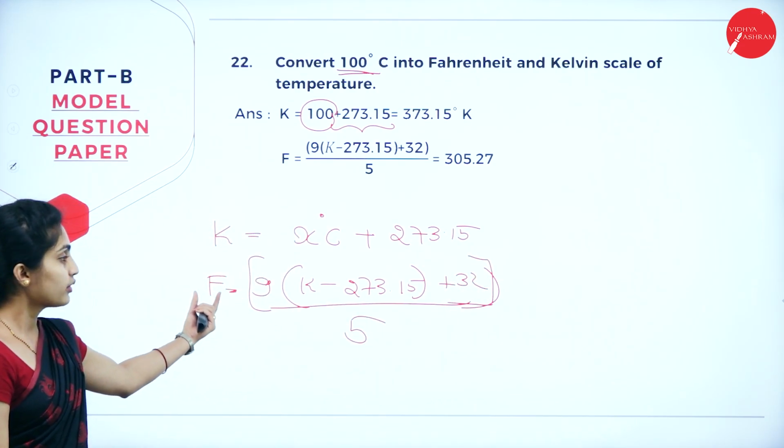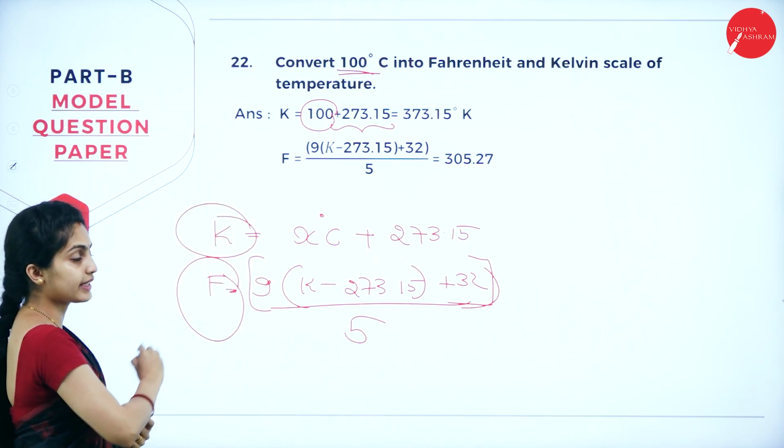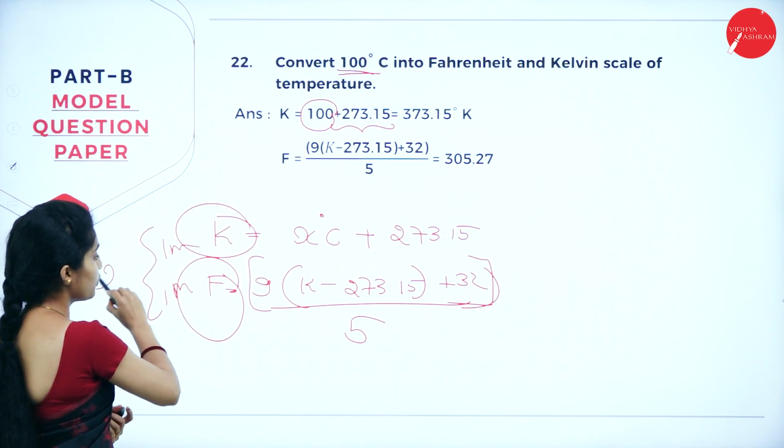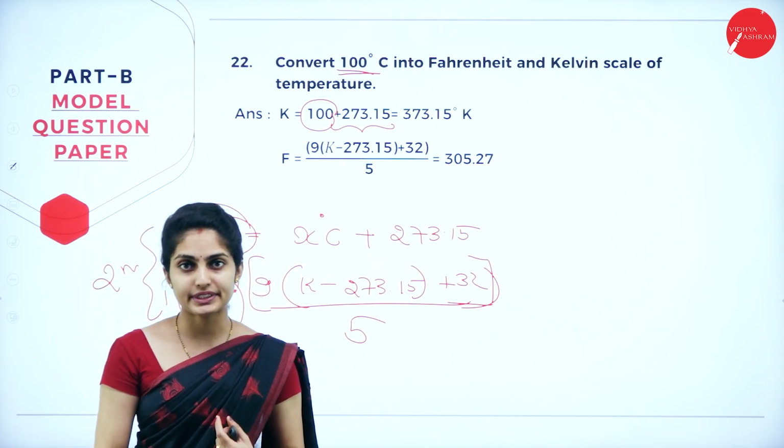So this is the formula to find Fahrenheit, and this is the formula to find the Kelvin scale, and 1 mark each, a total of 2 marks from this question, that is question number 22.